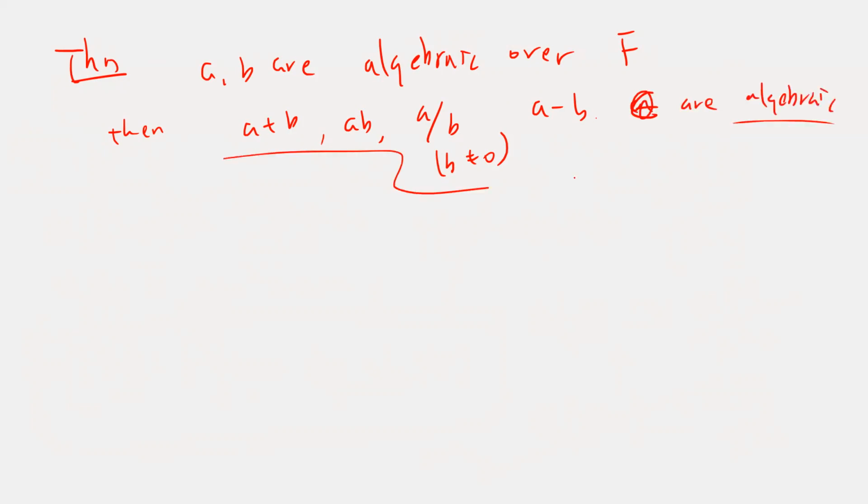Okay, so that tells you that if you take two algebraic numbers, their sum will be algebraic, their product will be algebraic, the quotient will be algebraic, and A minus B is algebraic. So it tells you that all algebraic numbers over F form a field.